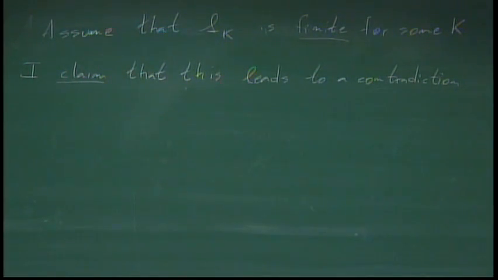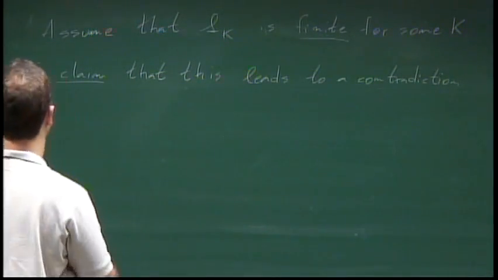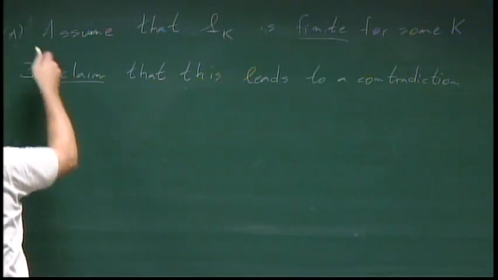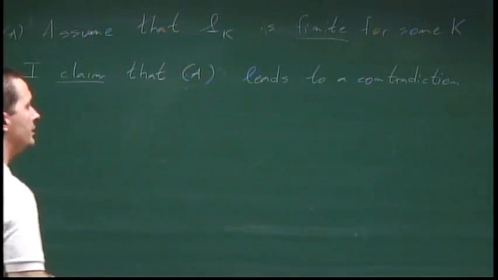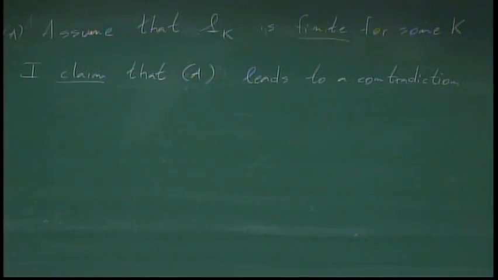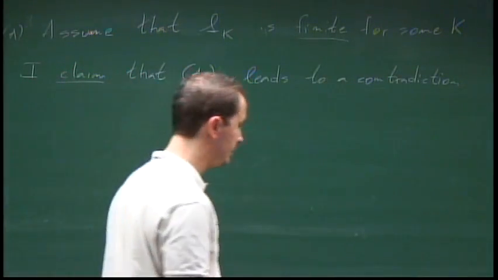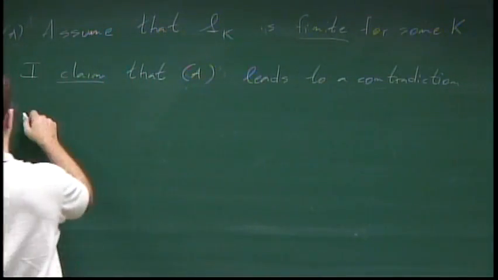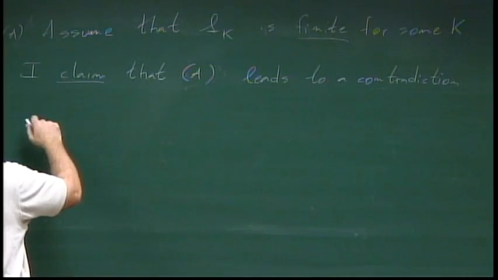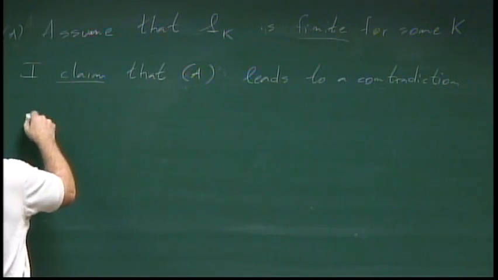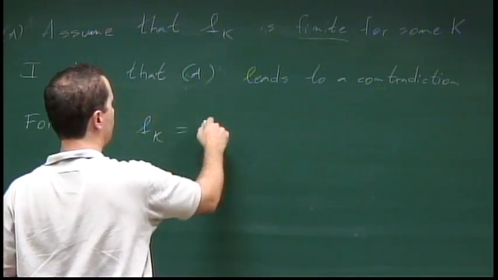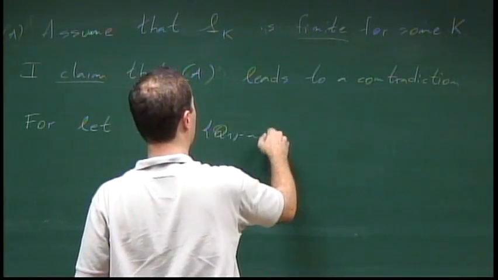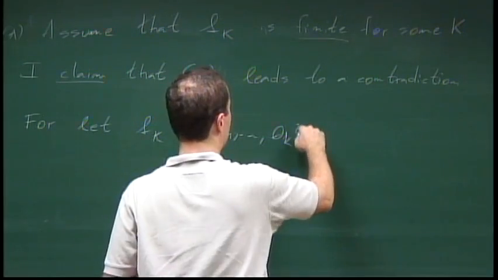And how does it lead to a contradiction? The reason is the following. Let S_K consist of a certain number of probability measures, which we're assuming to be finite.